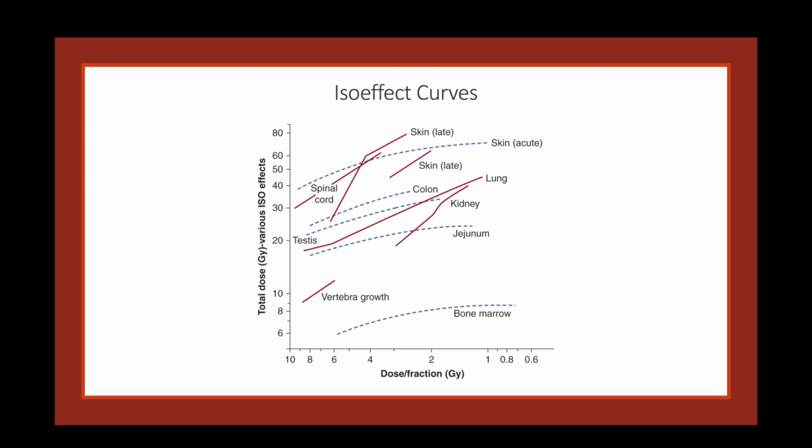And so essentially there's more variation as you move across that x-axis, which represents dose per fraction. And because there's more variation there, we know that that is how late responding tissues behave. And so these late responding tissues tend to have that steeper ISO effect curve.